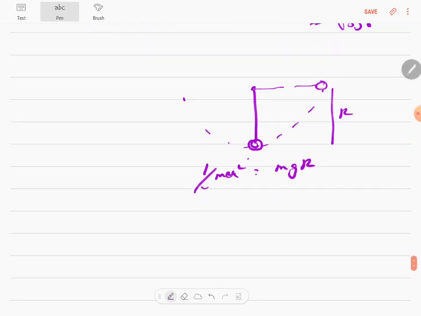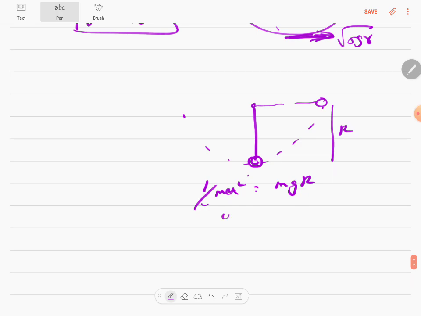Therefore m and m get cancelled. Therefore, u square is equal to 2gr. So that's the velocity with which it has to be pushed so that it reaches only this height, because the height is just r there.